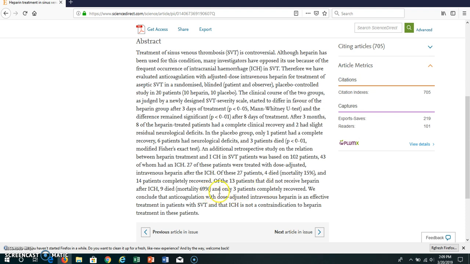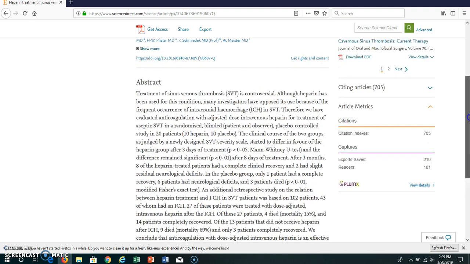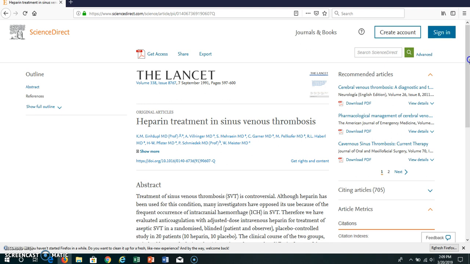So they do finally state that this is an effective treatment, though some patients were lost. So I would use this paper and, after reading the paper, I would list why those patients died and why it didn't work for them and why it worked for some patients.